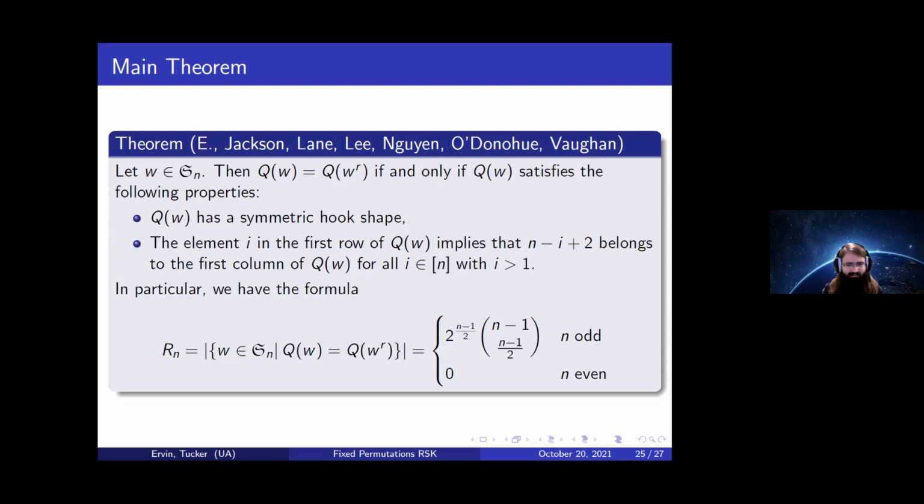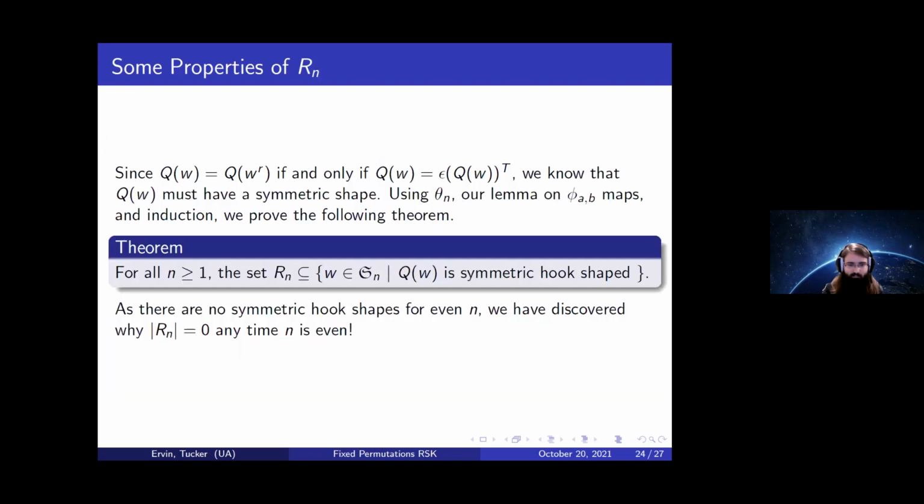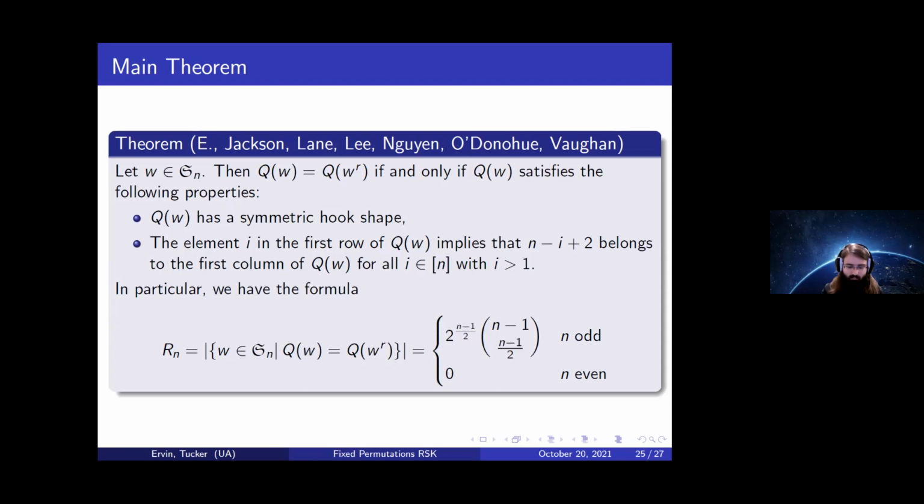And it also satisfies a really kind of strange property that the element I in the first row of QW implies that n minus I plus 2 belongs to the first column of QW for all I in 1 to n with I greater than 1. And that's kind of a weird property that just follows from Q of W equals the evacuation of QW transpose. It's relatively easy to show. It's just not obvious when you look at it.